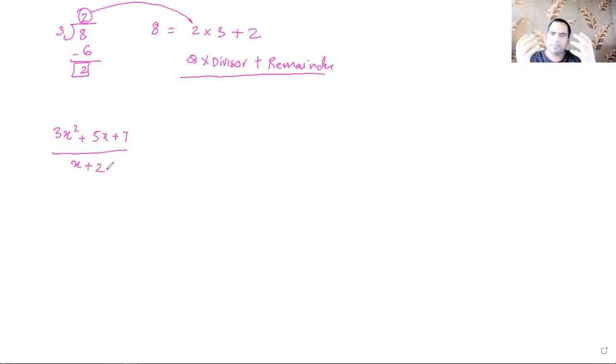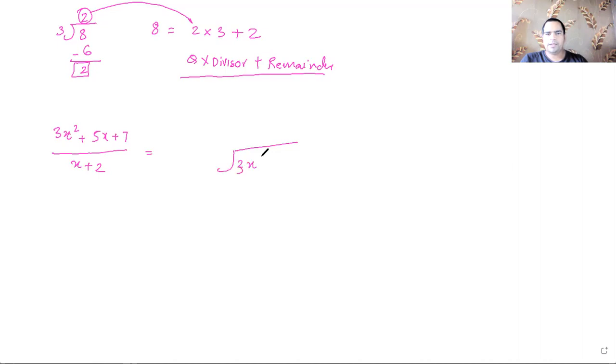How do we divide one polynomial function by another? Generally, polynomial division is only possible when the degree of the numerator, the power of the leading term, is higher than or equal to the denominator's. So when you have 3x squared plus 5x plus 7, if I want to divide it by x plus 2, I can write it down like this.